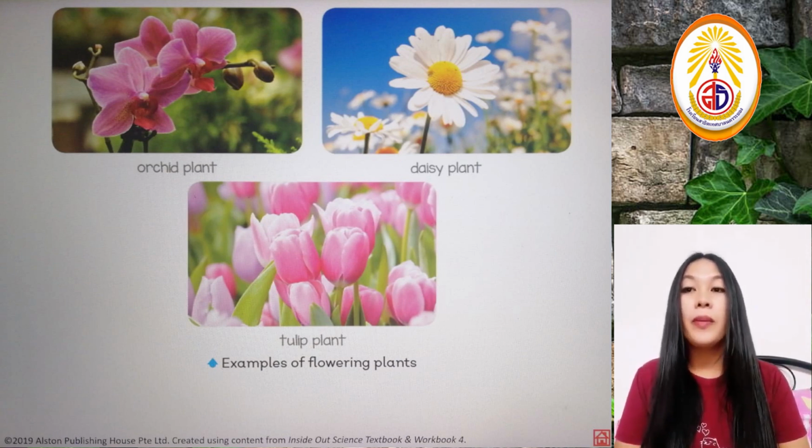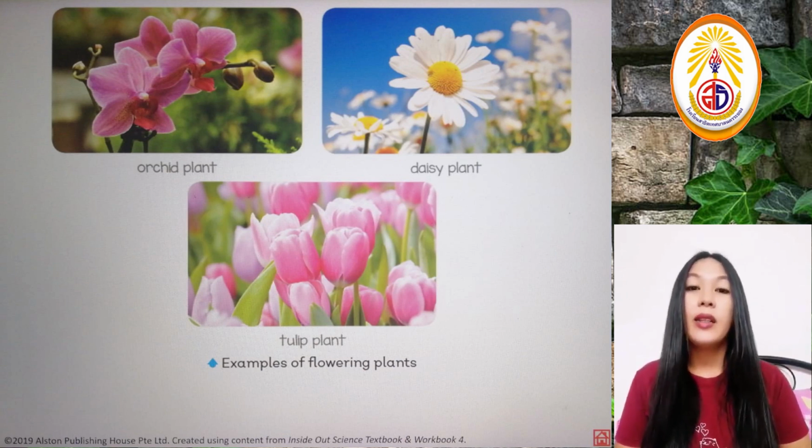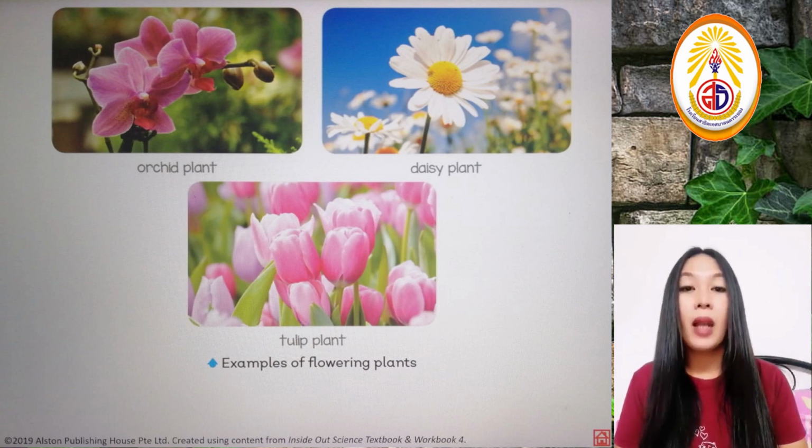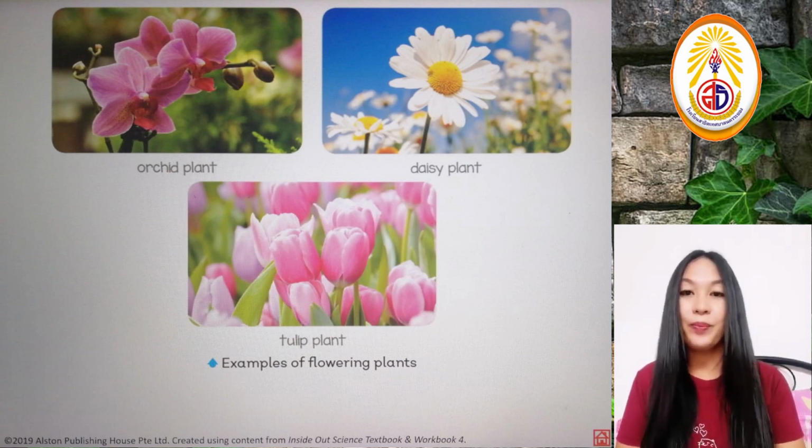Roses are flowering plants, and sunflower. Those are just a few examples of the flowering plants. Basically, these are plants that have flowers, and those flowers eventually develop into a fruit, and they also have the seeds inside them, which help them to reproduce.